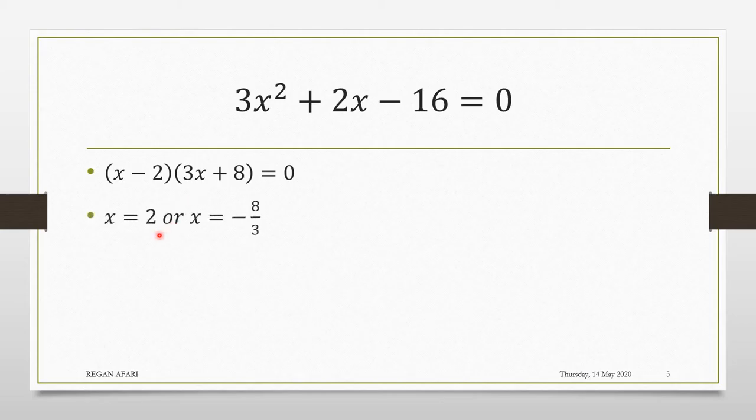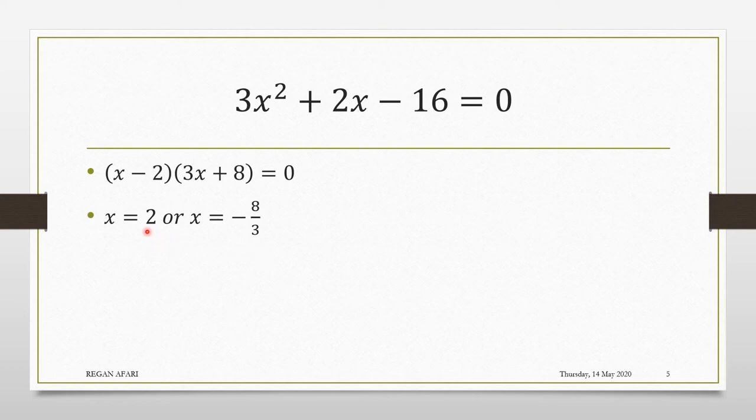Right, so x equals 2 and then x equals negative 8/3. So now these are the points at which the curve turns, okay? So on the x-axis at point 2, the curve will turn, and then at negative 8/3, the curve will turn.